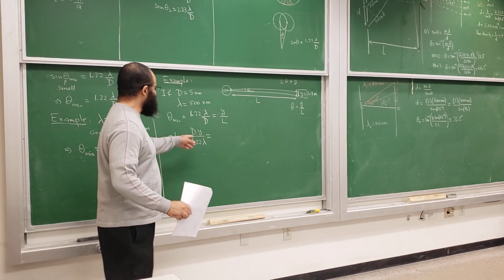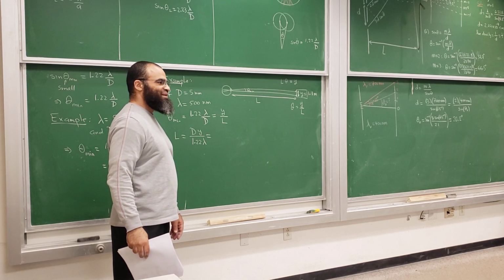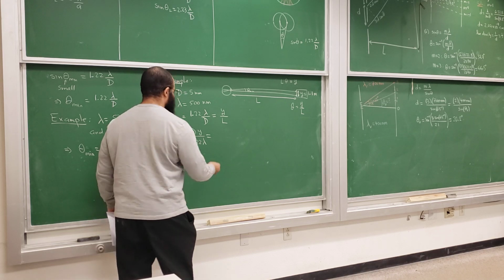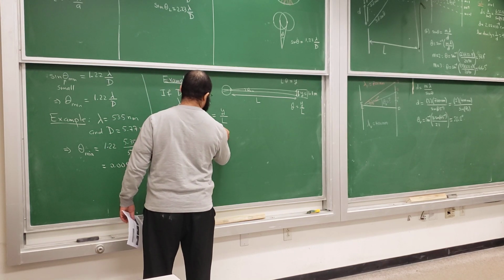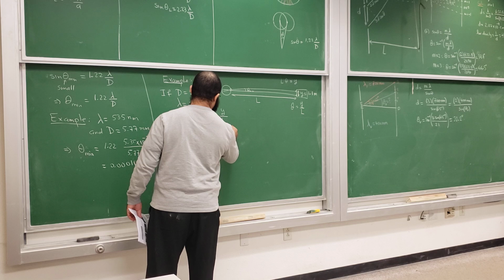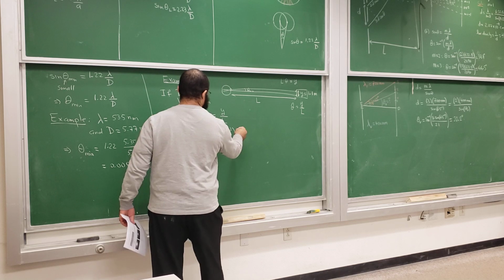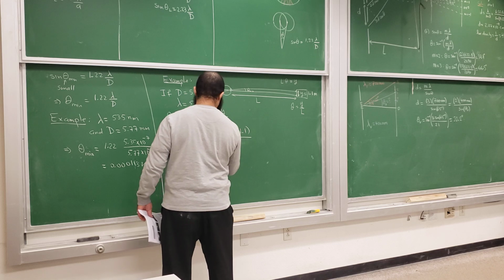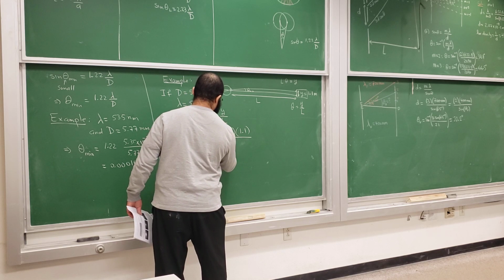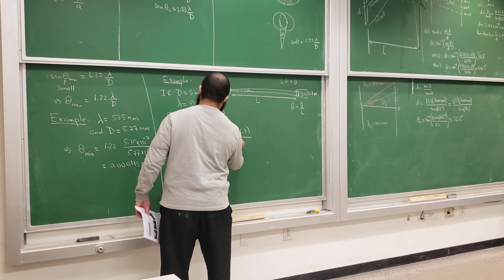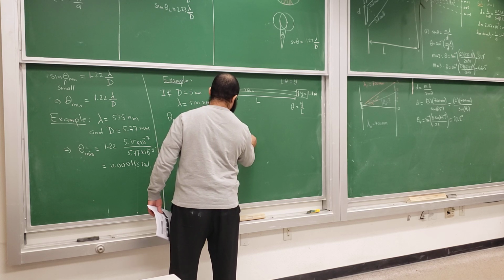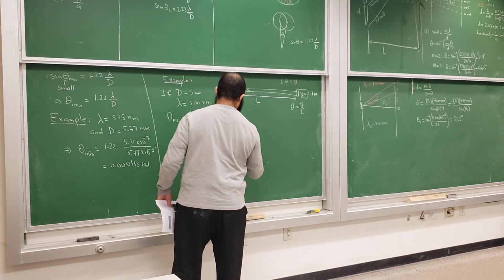I was going to say let y be 1.22 meters so that it cancels. But that's okay, we have calculators, so we can plug it in. Diameter, 5 millimeters, so 5 times 10 to the minus 3. y, 1.1 meters, 1.22, and then lambda, 500, so 5 times 10 to the minus 7.